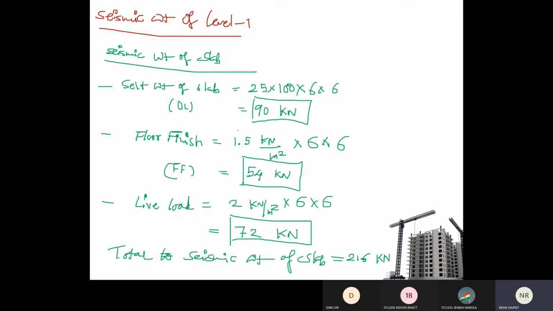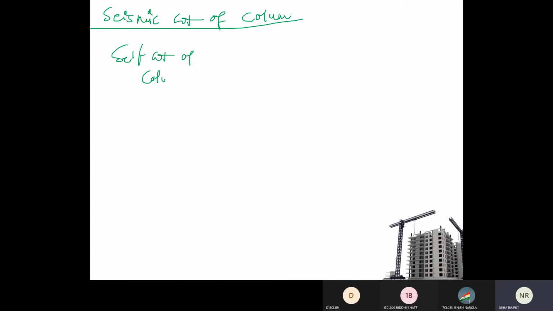So this is the seismic weight of beams. Here this is the seismic weight of slab. Now coming to seismic weight of column. Now how to find the self weight of column? Density into cross section of column into height of column.